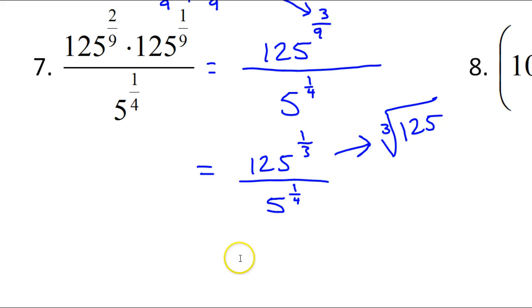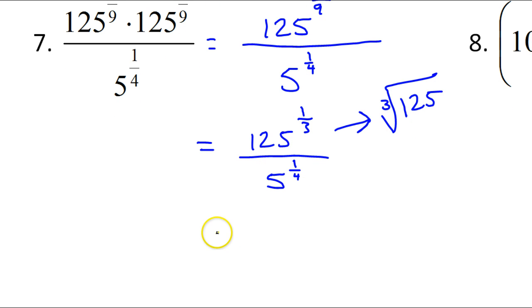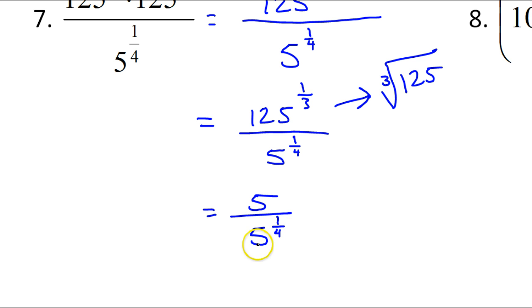So this is going to be equal to simply 5 over 5 to the 1/4 power. All right, we did the cube root, and it turned out to be 5. Now, suddenly the bases are the same. So if the bases are the same, now I can work with the exponents.